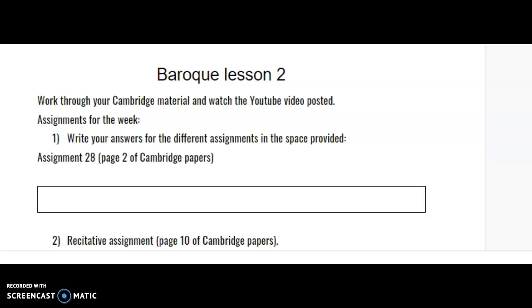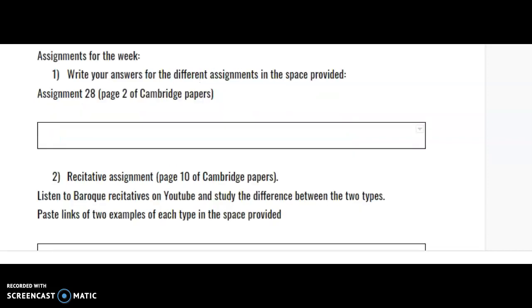Let's go through your assignment for the week. You will work through your Cambridge material and watch the YouTube video. Assignment for the week: write your answers for the different assignments in the space provided. So you're going to type in your answers there. Assignment 28 of the Cambridge papers. Okay, all the questions they ask you there. Recitative assignment, page 10 of the Cambridge papers, and page 11.